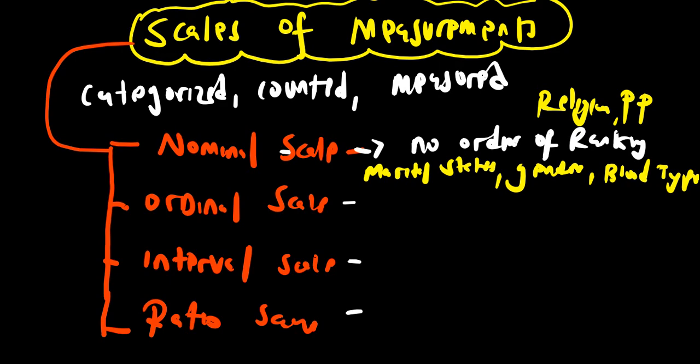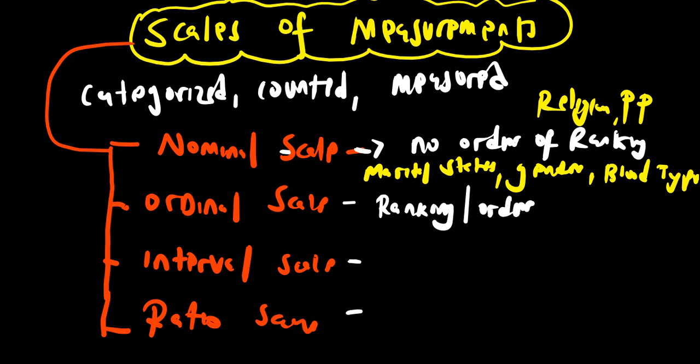Then the ordinal scale. In an ordinal scale, you're classifying data into categories that can be ordered. Here there is ranking. You can put this data in order.